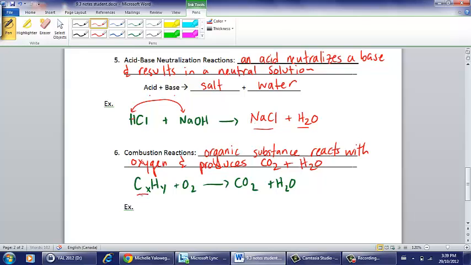So this is something organic, has to have carbon and hydrogen. So this could be any organic compound, and it's going to react with oxygen to form carbon dioxide and water. So for example, we could have C3H8, it's an organic compound, and it's going to react with oxygen. The products are going to be carbon dioxide and water.